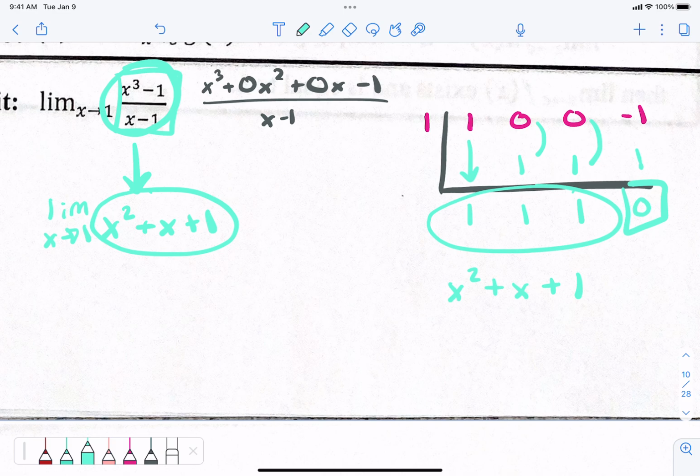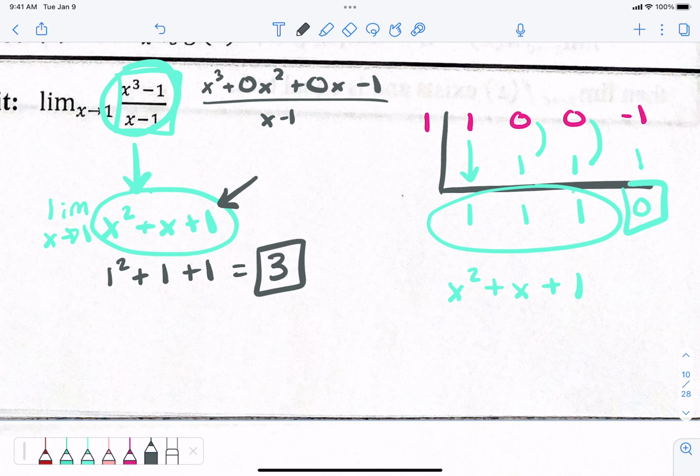Because that's what it simplified to. So, am I allowed to plug 1 into this thing? Sure, its domain is all reals. I don't have any problems there. I can just plug the number 1 in. So 1 squared plus 1 plus 1 is going to be 3. The limit there is 3, okay? So that's the second strategy. If you can't just plug the number in, try dividing or factoring it to get rid of that little hole or whatever it is there.